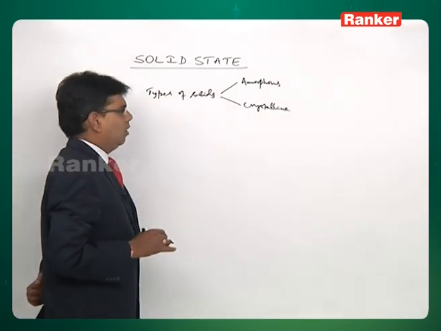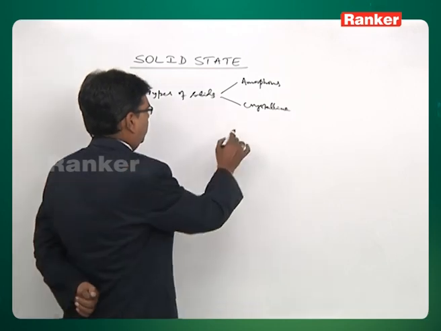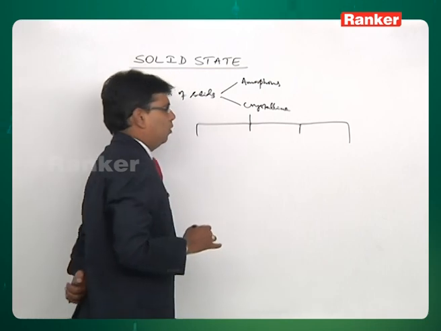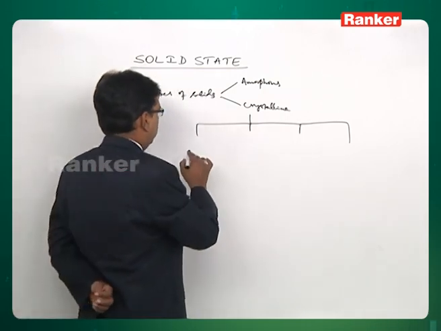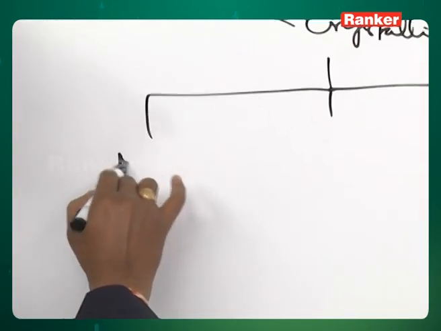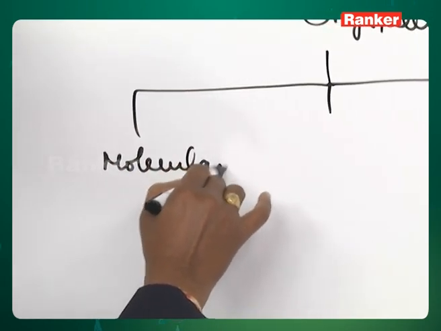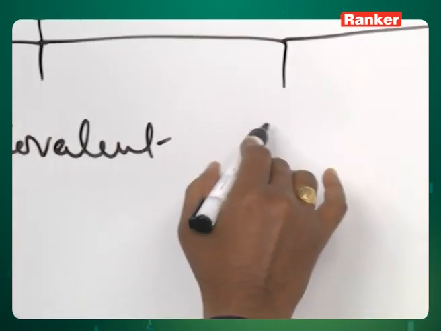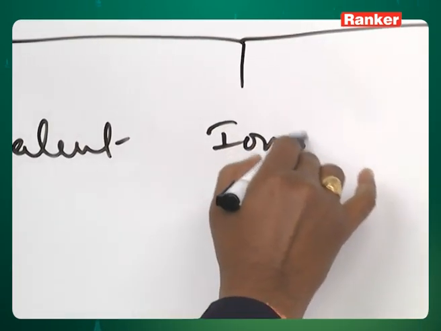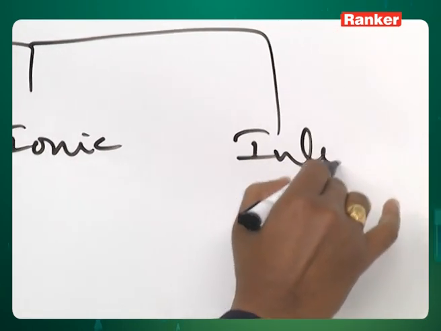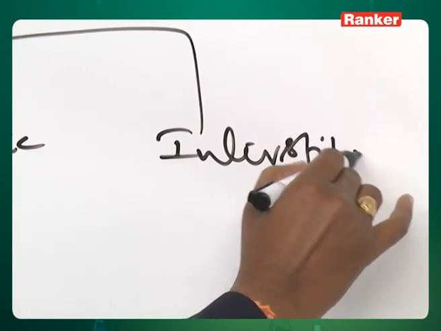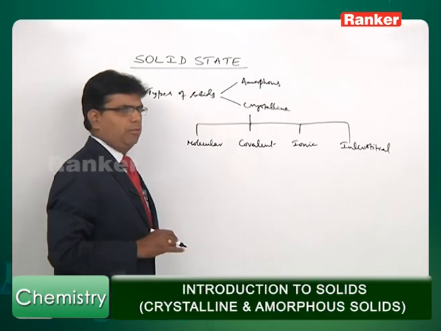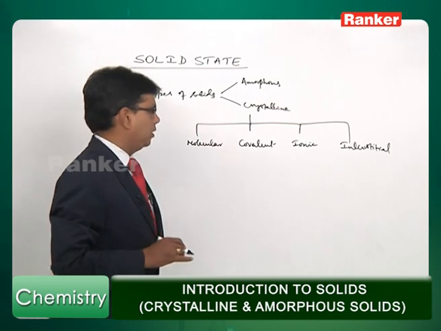Crystalline solids are further classified into 4 different types, that is molecular crystals, covalent crystals, ionic crystals and interstitial crystals. These are the 4 different types.